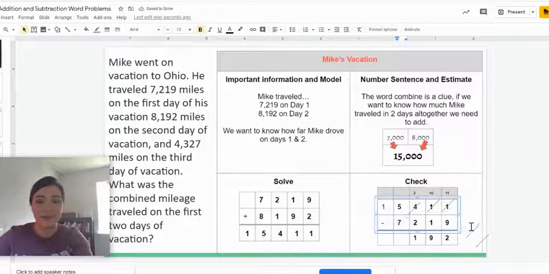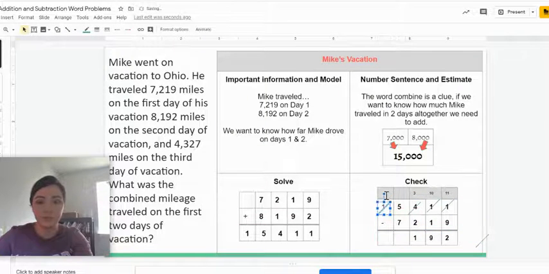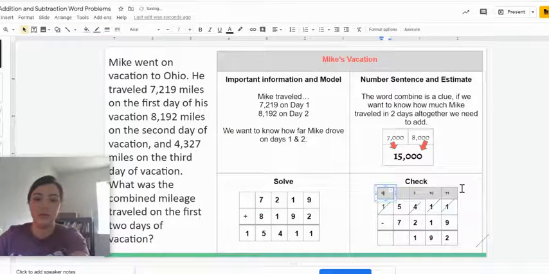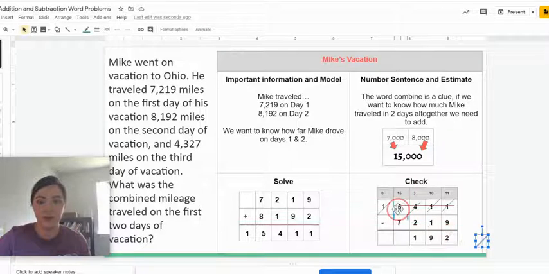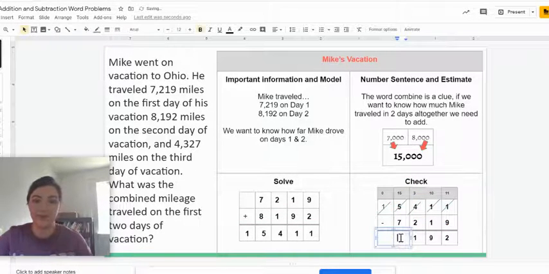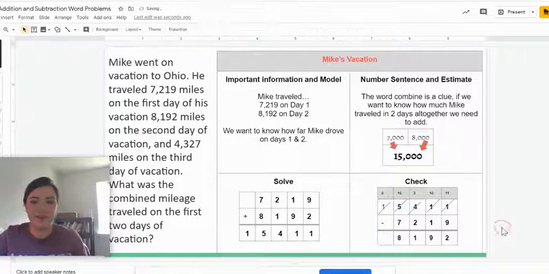And I can't take away 7 from 5, so I'm going to need to borrow. I take my 1, it turns into a 0 because I borrowed, and now that 5 is a 15. 15 minus 7 is 8.